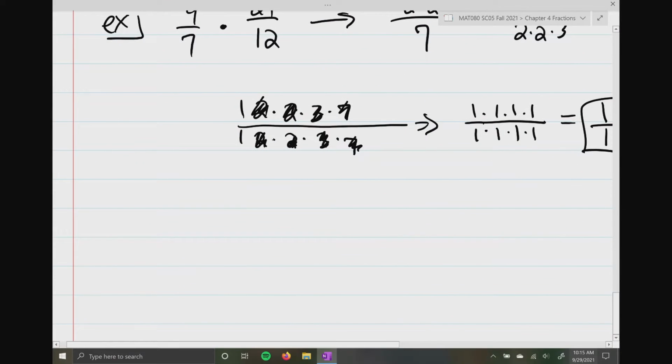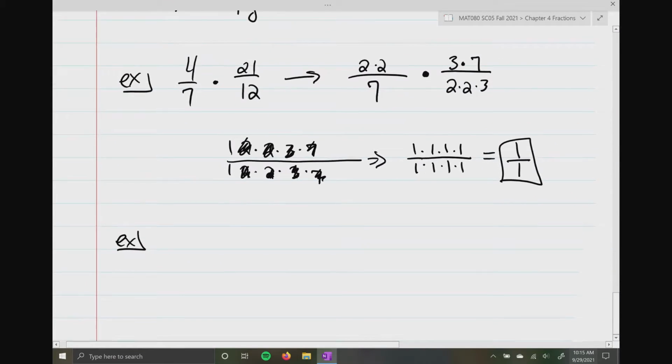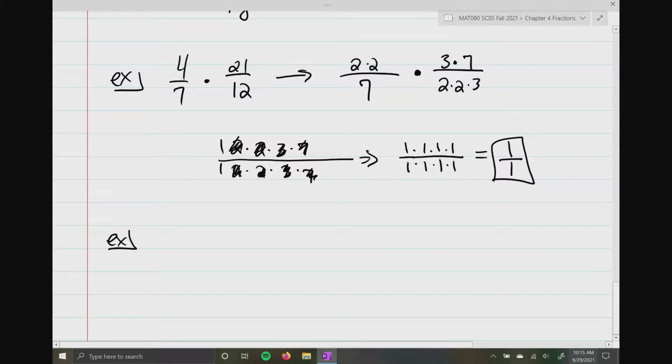So let's try another one here. And this, oh, I didn't give you time to write this down. Write this down, and then we're going to do one together. All right? I'll wait like a minute so you can write this down.